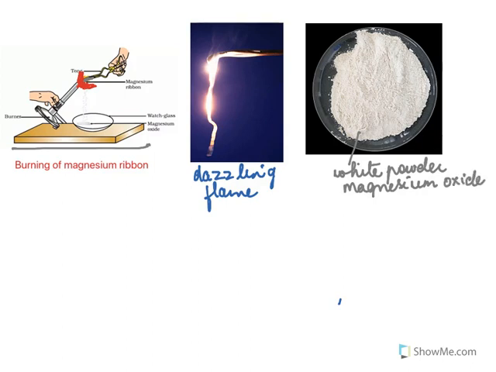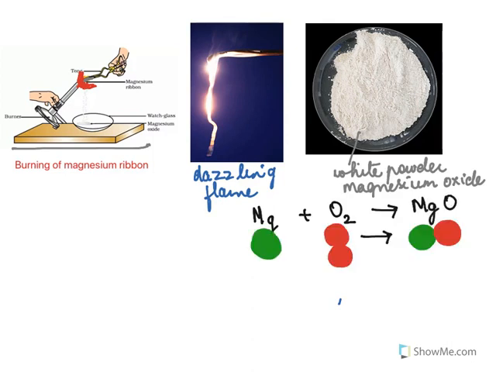So basically when magnesium reacts, you get this reaction. Magnesium reacts with oxygen to give you magnesium oxide. Here we have one magnesium atom that reacts with oxygen. Oxygen is O2, so there are two oxygen atoms. It's a molecule of oxygen, giving you a molecule of magnesium oxide.